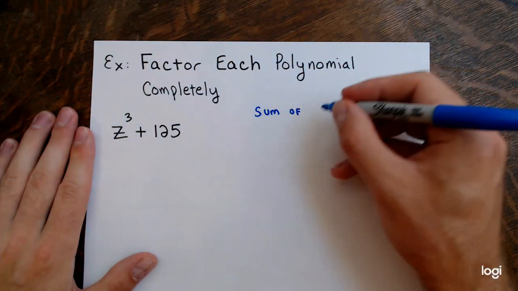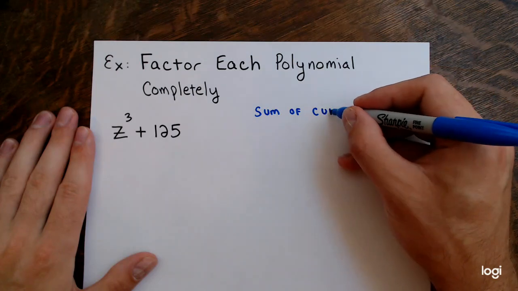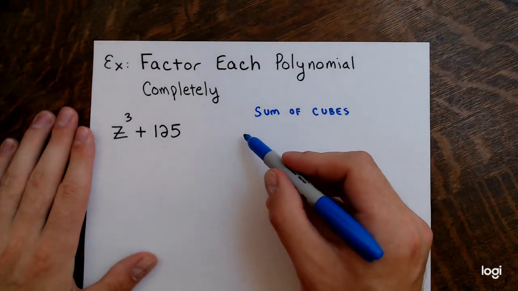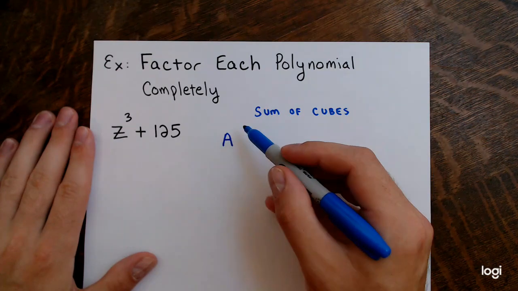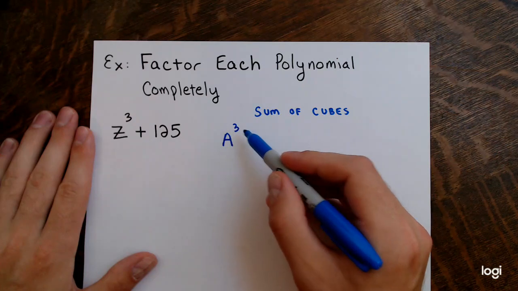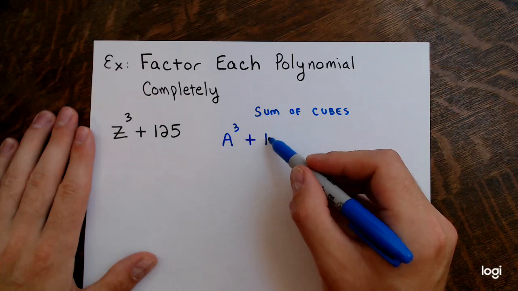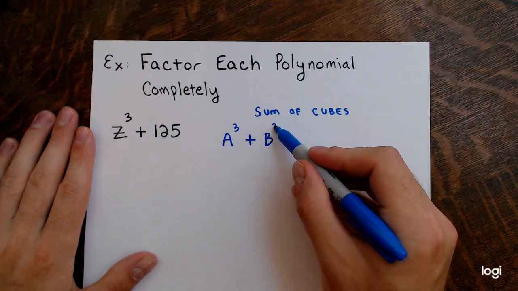And let me show you a general formula, a general look for a polynomial that is a sum of cubes. A sum of cubes looks like this. You have some expression, I'll use capital A, to the third power, plus some other expression, I'll use capital B, to the third power, right?